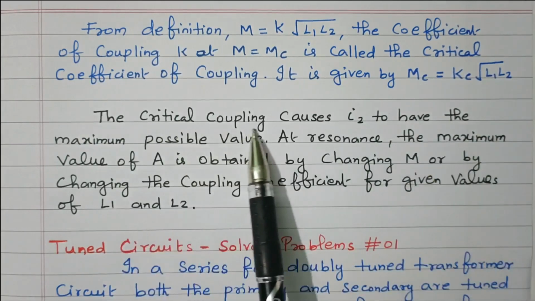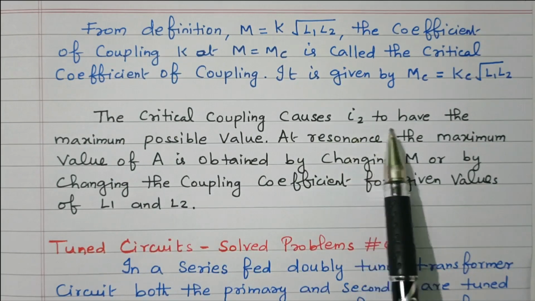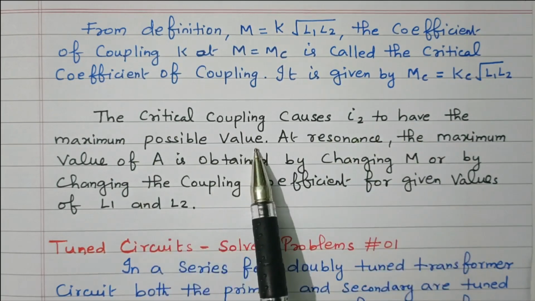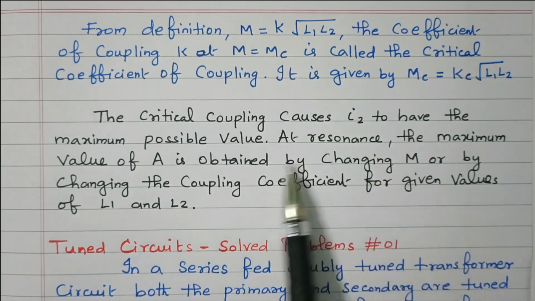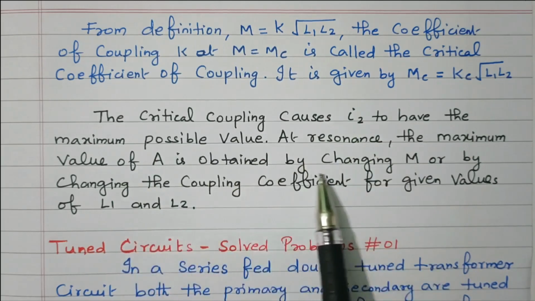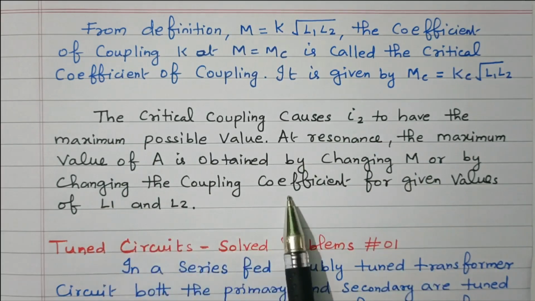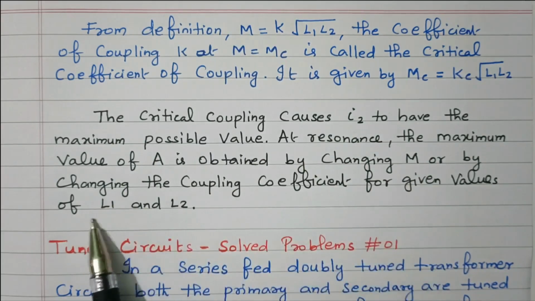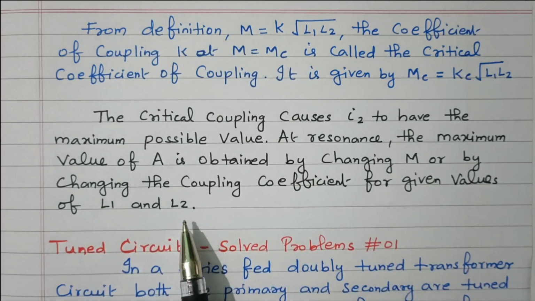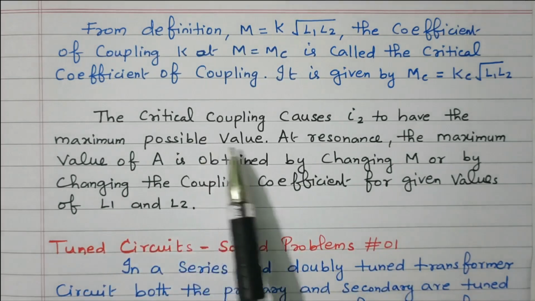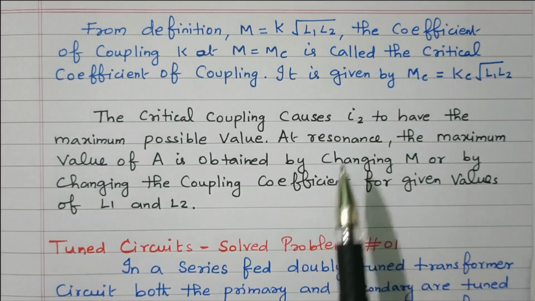The critical coupling causes I2 to have the maximum possible value. At resonance, the maximum value is obtained by changing M or by changing the coupling coefficient for the given values of L1 and L2. So during the critical coupling, we are getting the maximum value of I2.